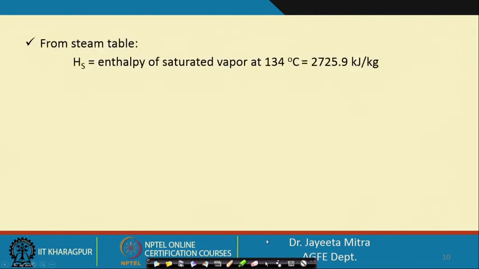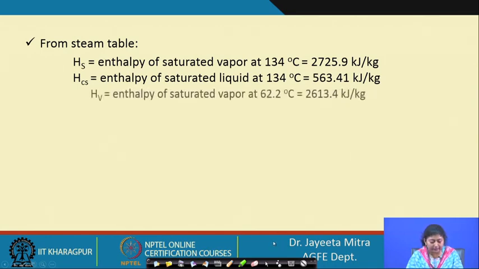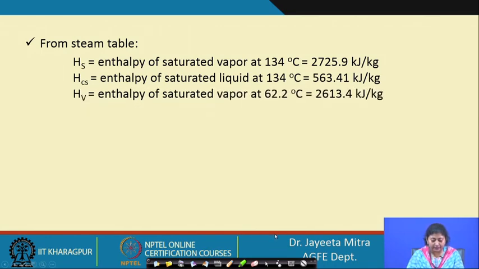So, Hs is the enthalpy of saturated vapor at 134 degree Celsius, that is 2725.9. Enthalpy of the saturated liquid we are getting, and Hv is the enthalpy of saturated vapor at 62.2, that is Tb.